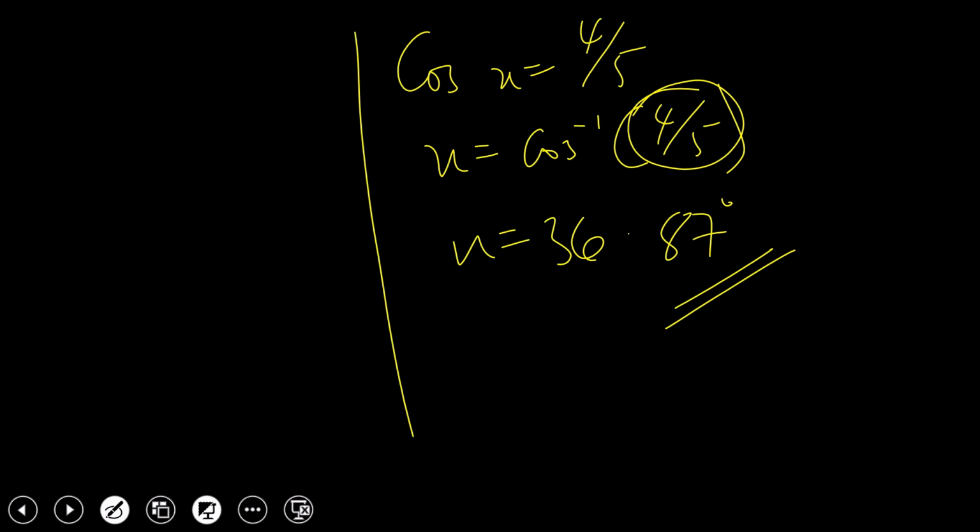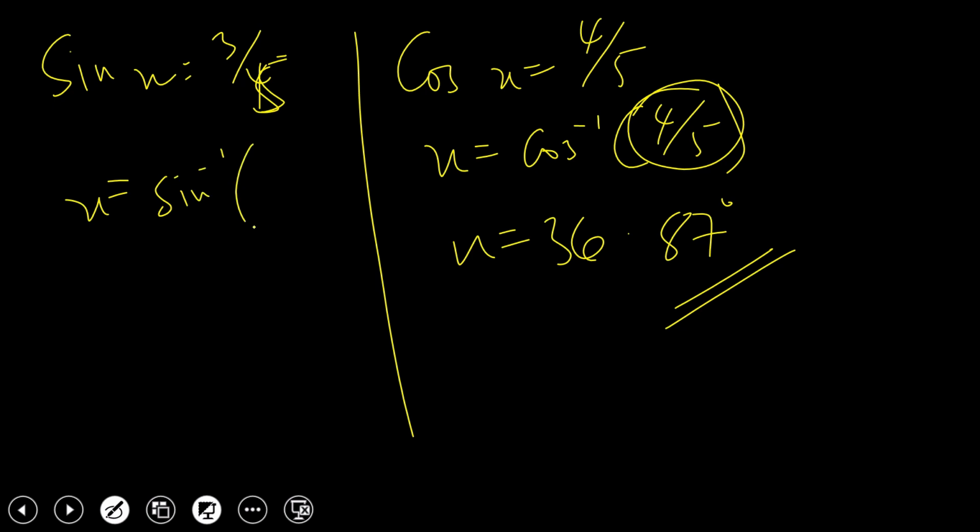Now if you still want to use the sine, you still get the same thing. The sine of x is equal to 3/5. Then we take the sine inverse of both sides. So I get x is equal to the sine inverse of 3/5.